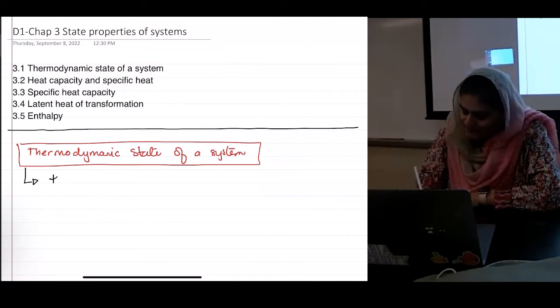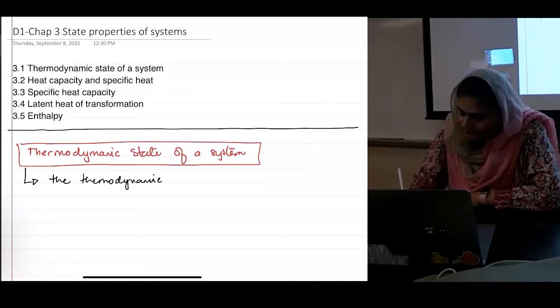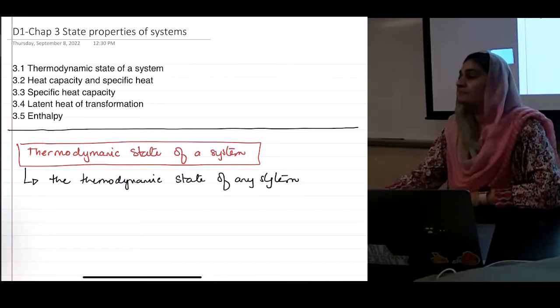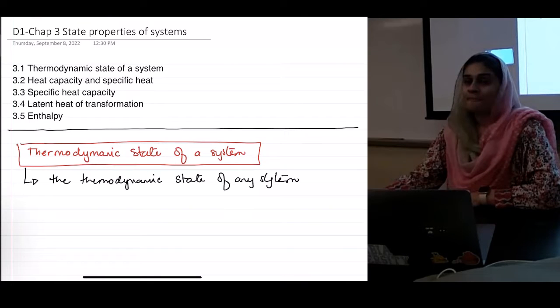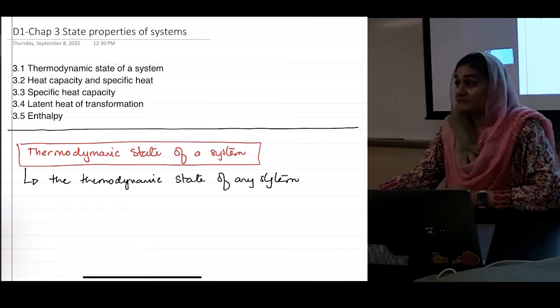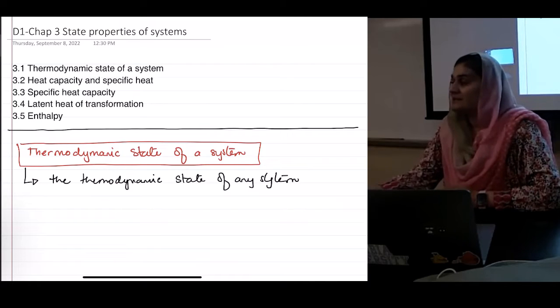The thermodynamic state of any system. What is a system in thermodynamics? Anything that we are studying at this moment. Okay, that is a system.